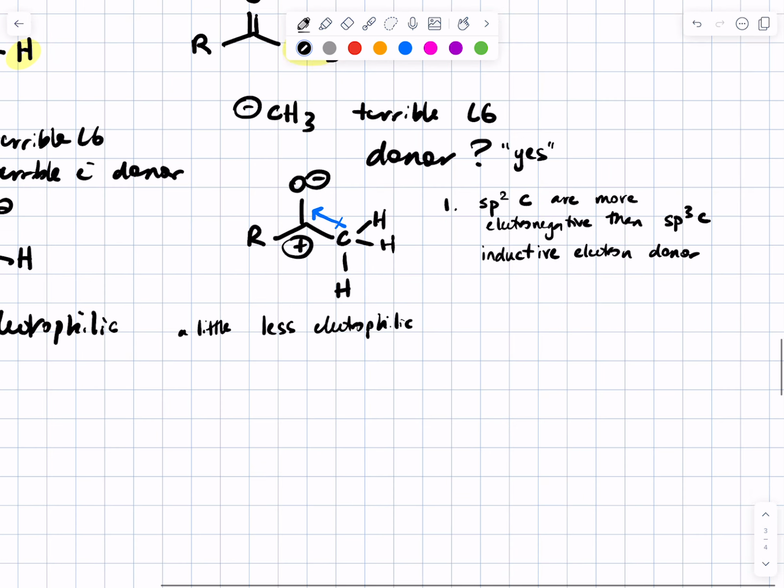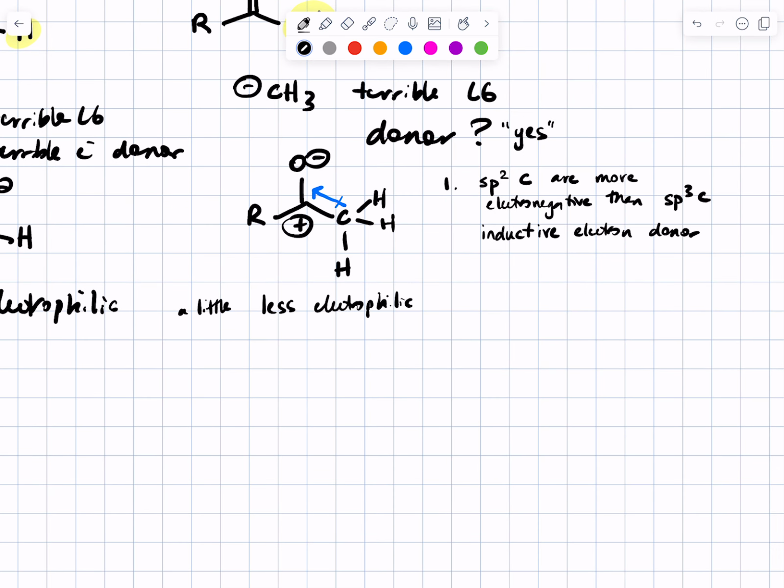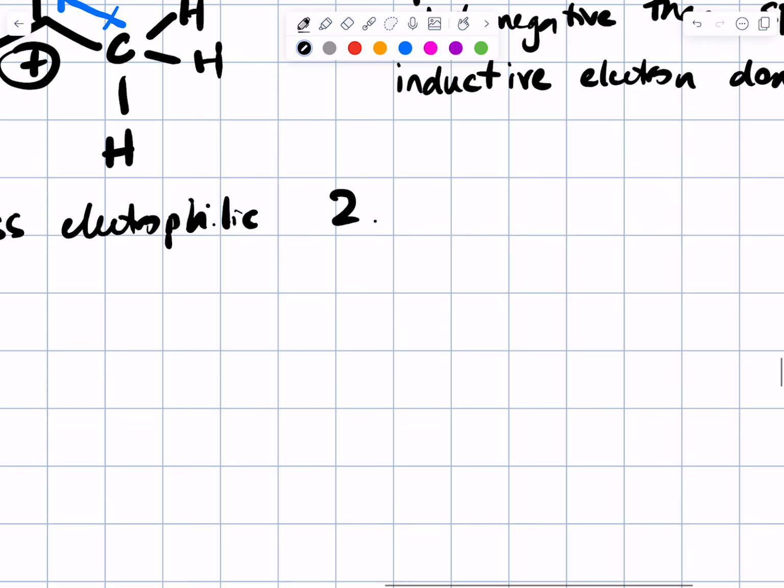The second explanation is more complicated, but it's actually useful in understanding a ton of things. Depending on the semester, I sometimes decide not to talk about it, but I think we're just going to go for it. So the second explanation is something called, are you ready? Hyperconjugation. It's like conjugation, but it's hyper.